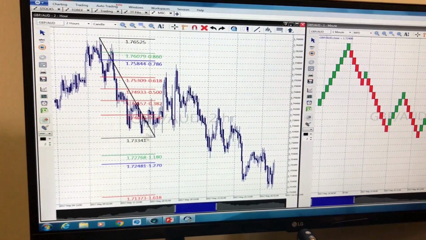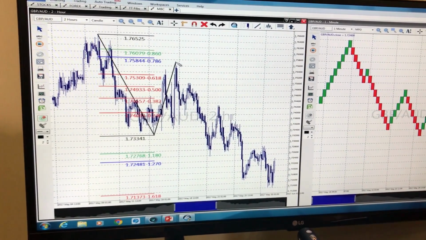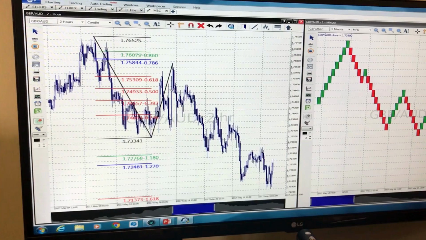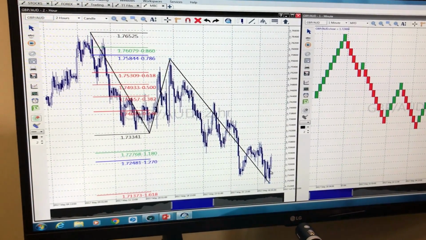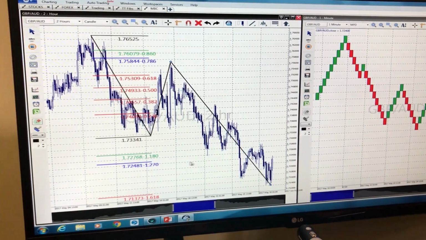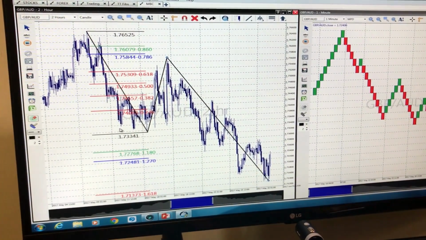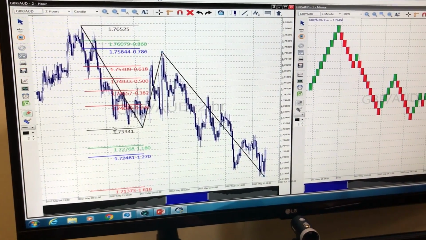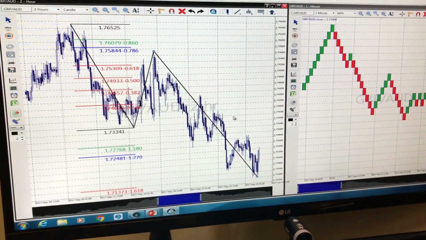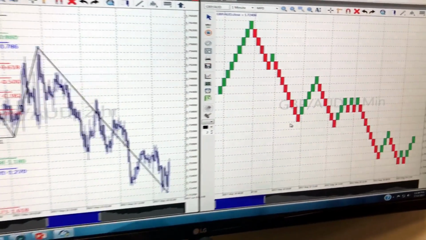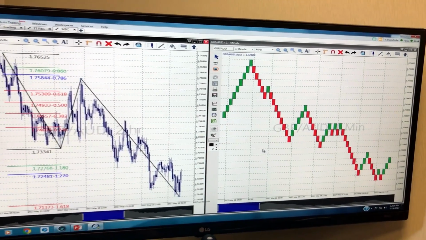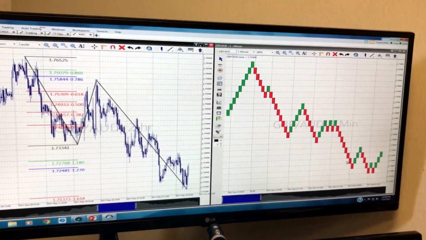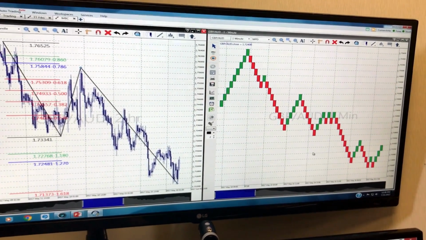And I can teach you how to read this pattern so that you would know in a very understandable way just where the market was going. But the fact of the matter is, a lot of you don't have time to learn this, and for some of you, it's just too plain complicated. So what we're going to do instead is look at something that's very similar. When you put those side by side, you can see how similar the charts are, but in fact, this one is just so much easier to read.